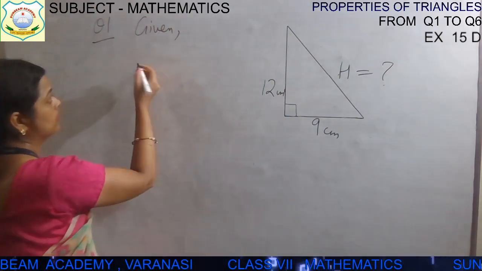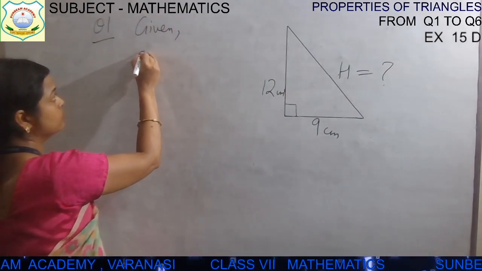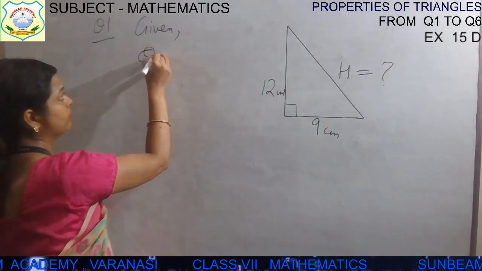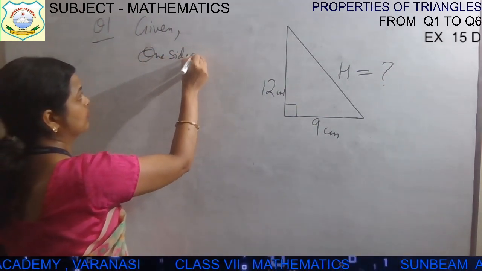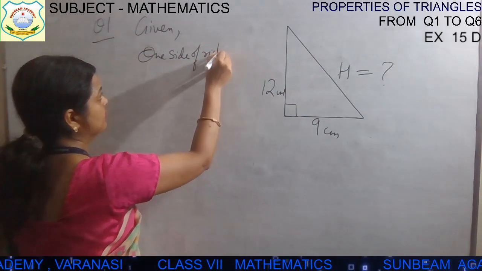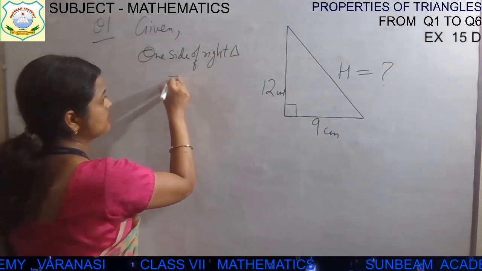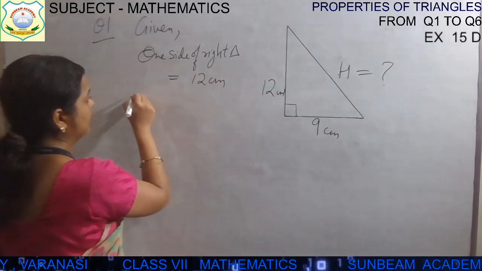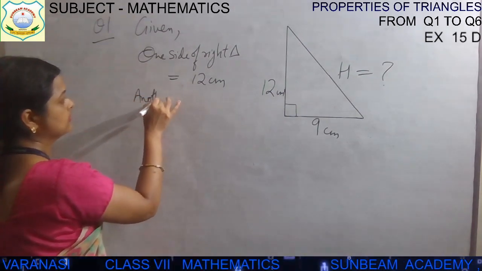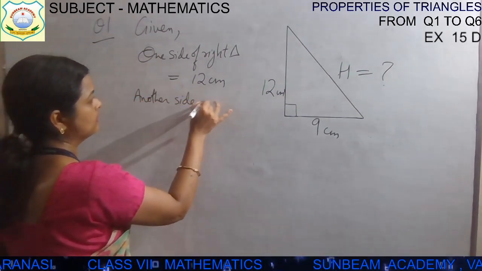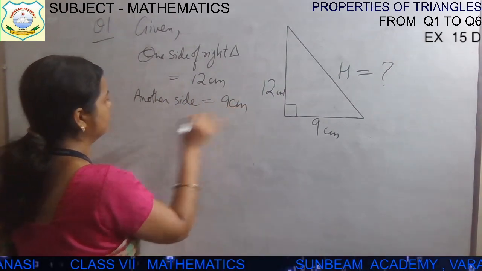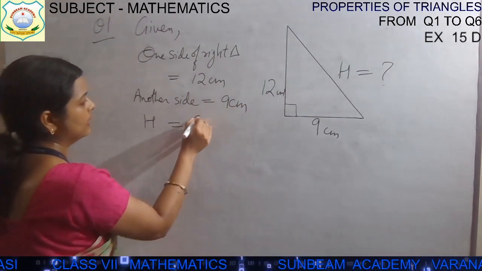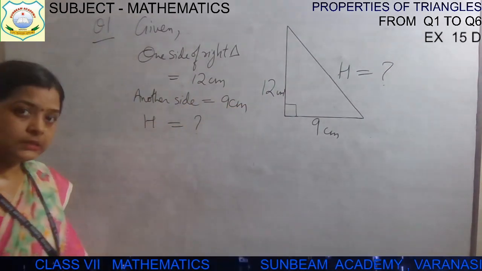Given one side of a right triangle is 12 centimeter and another side is 9 centimeter. We have to find the hypotenuse, or we have to find the third side.